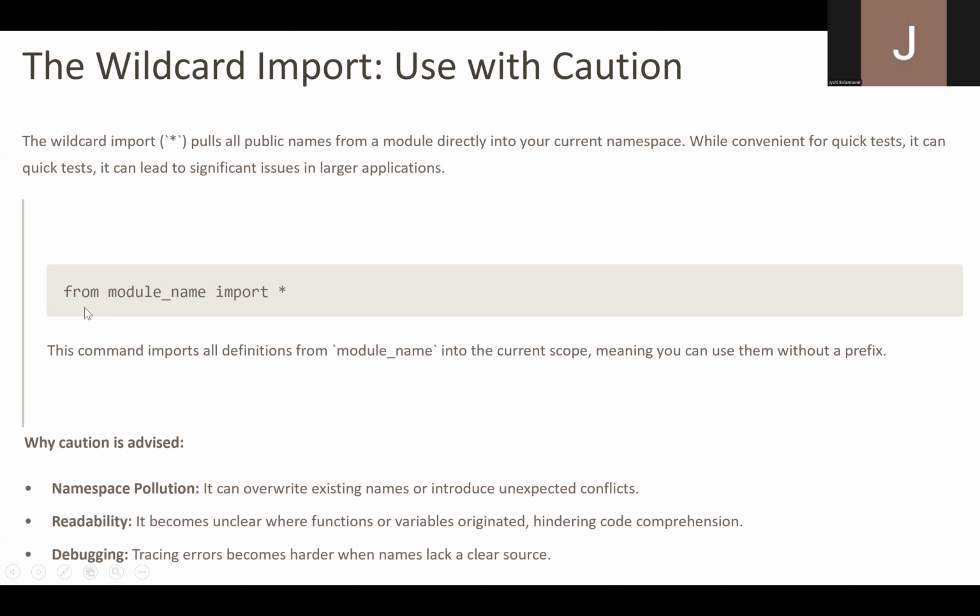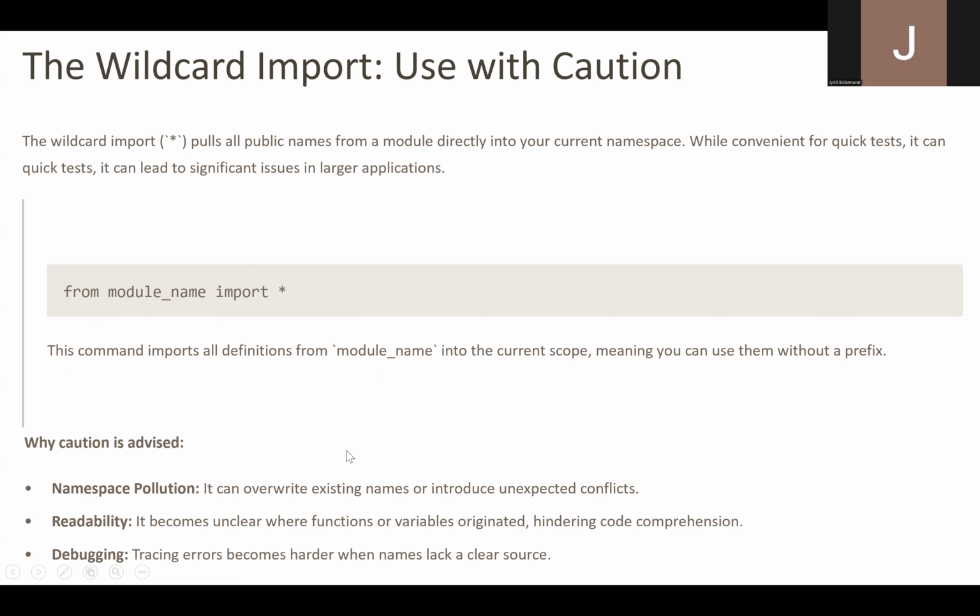From the module you want to import all the public members from, write the module name, then the import keyword followed by star or asterisk. This command imports all the definitions, all the contents which are publicly available from the module into your current scope, or into your current Python code. That means you can use them without any prefixes.